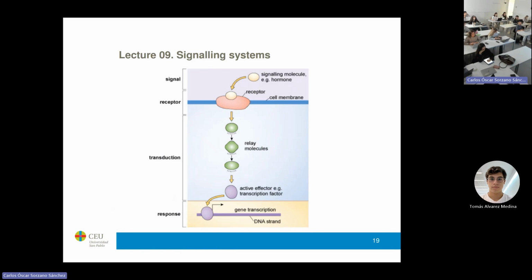Then this binding is transduced into a number of chemical reactions inside the cell, and then it diffuses down to the nucleus, for instance, and the nucleus responds by activating some gene because it knows that there is something outside that is interesting or that it has to escape from.